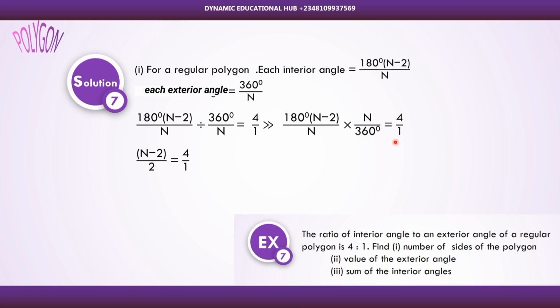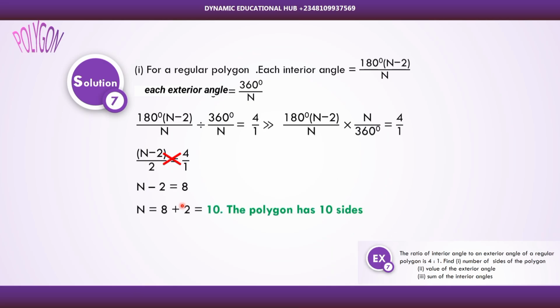So you are left with n minus 2 over 2 here, and that will give us 4/1. So the next step is you cross multiply. So you have n minus 2 will give us 8, and for n, you transfer minus 2 to the other side. So n is 8 plus 2, 10-sided polygon, and that is the decagon.